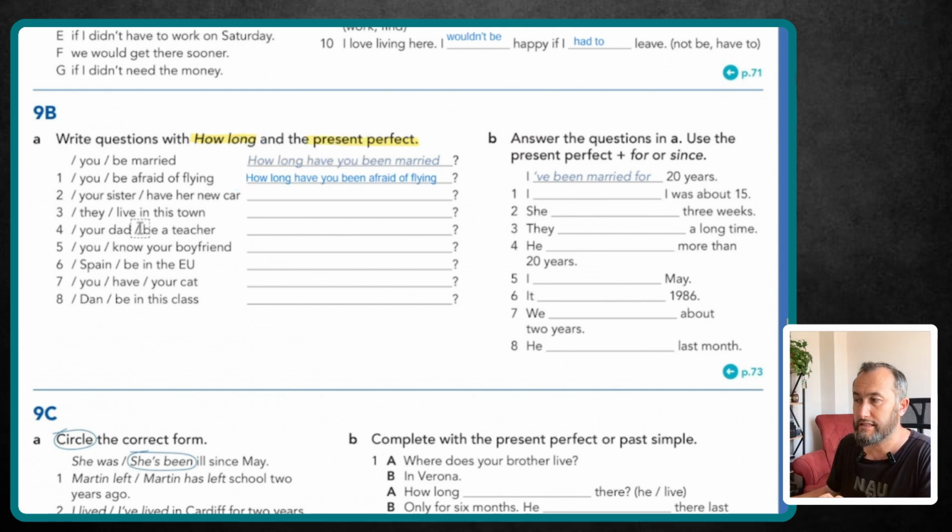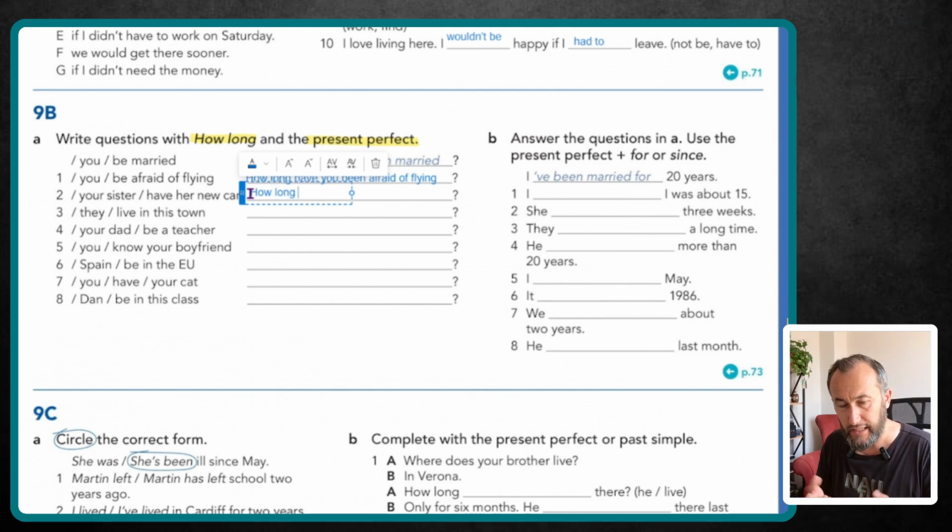Now, your sister have her new car. Again, how long? Let's start with how long. Now, your sister is she. If it's she or he, we use has, not have. So, how long has your sister? Now, have is the main verb here. Past participle is going to be had. How long has your sister had her new car? Number 3, they live in this town.